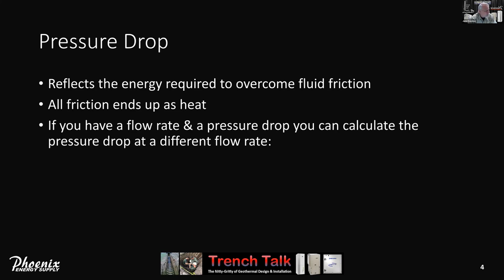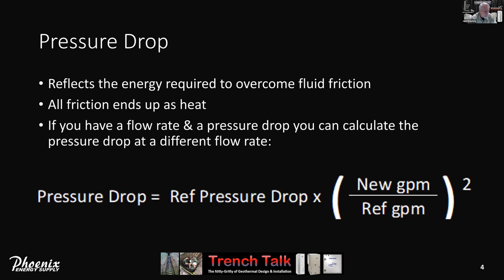I'm going to walk you through how to do that. This simple formula I've probably used a million times in the last 40 years, but it's the ability to take that reference pressure drop at a given reference gallons per minute. Once you know these two items, you can enter a new GPM.